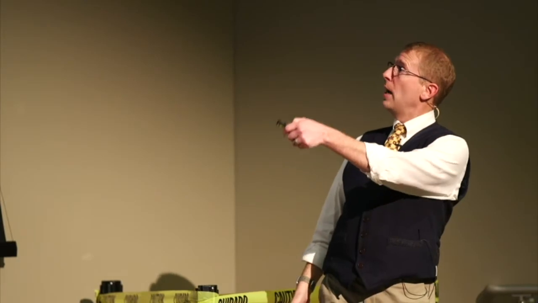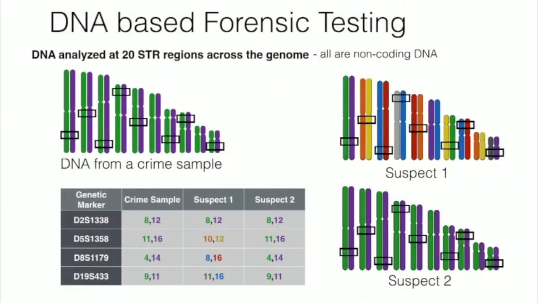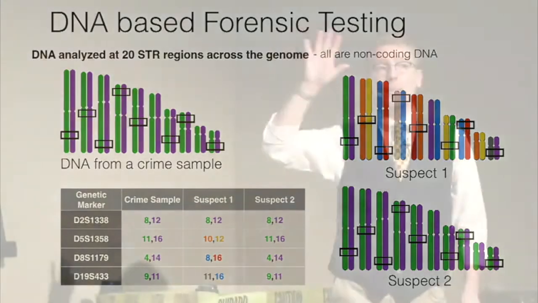I can definitely say with this kind of data that it doesn't match suspect number 1. I can exclude suspect 1, and I can say there's a very, very small likelihood that I could exclude suspect 2. So the way forensics is done, I'm looking at 20 different markers, and I'm looking to see if I'm seeing the same types of repeats, alleles, in my sample left behind as what I'm looking for in my suspect.